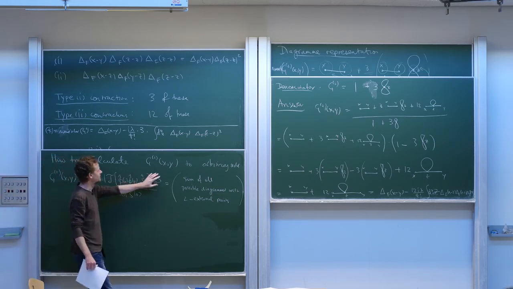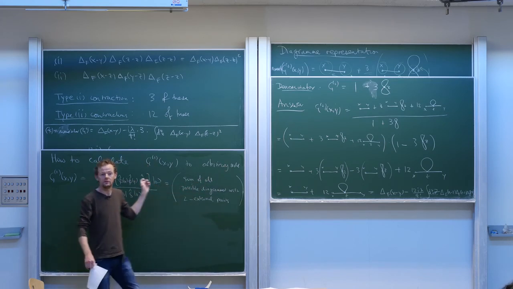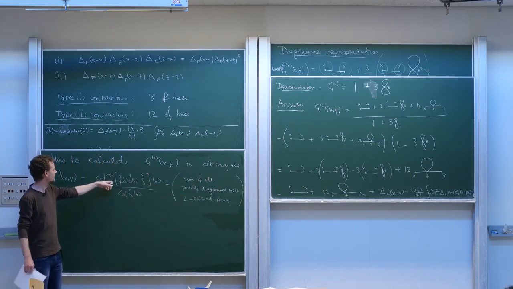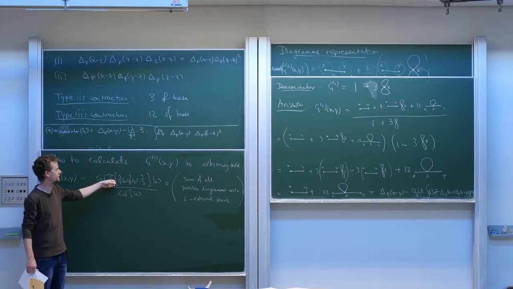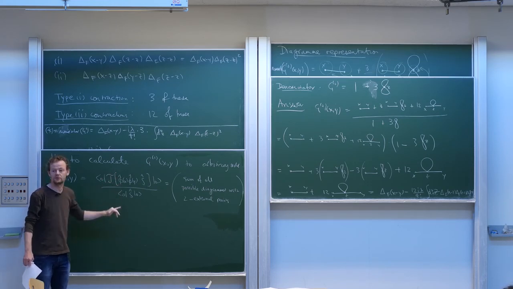So this is really a sum of fully contracted, sorry, I said the word connected. Each of these terms in this Taylor series are sums of fully contracted time-ordered products of field operators.